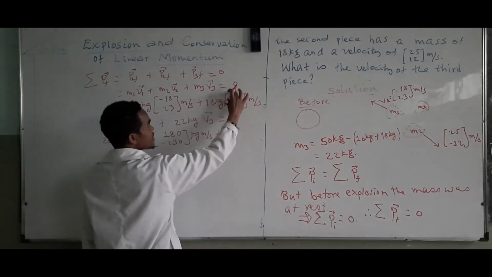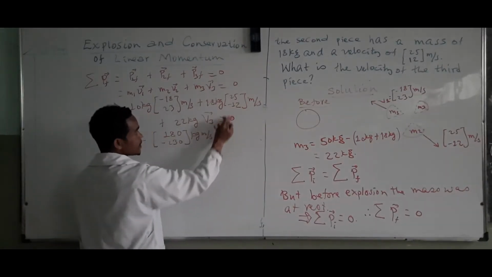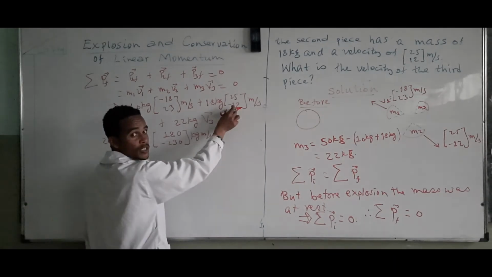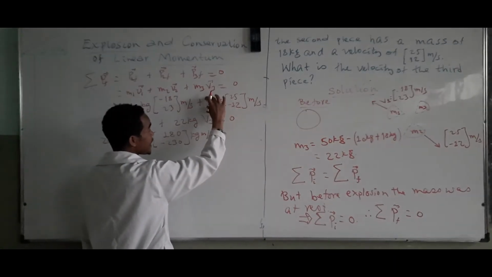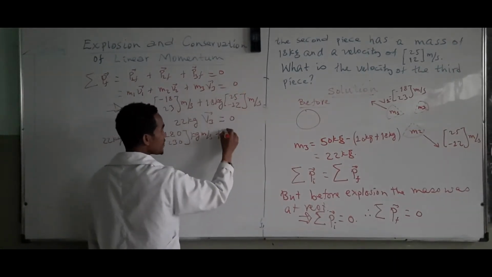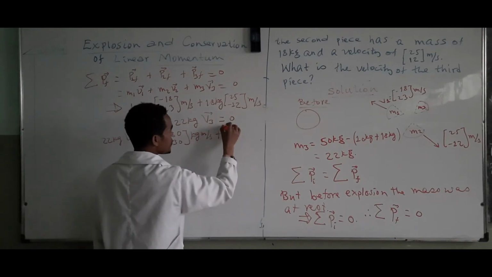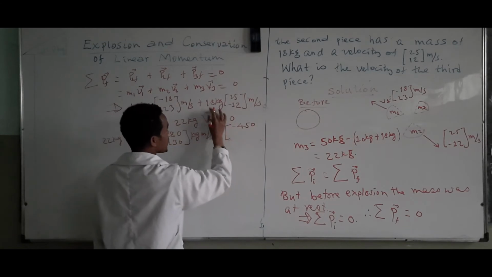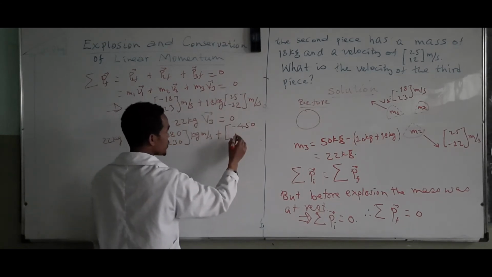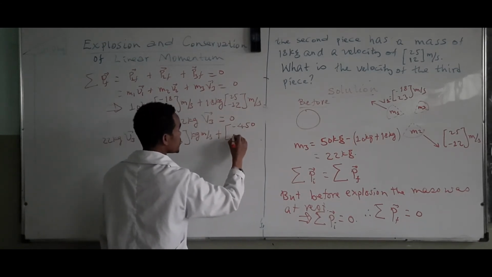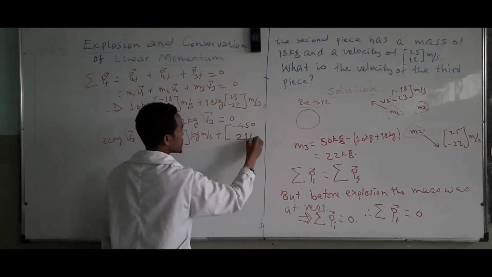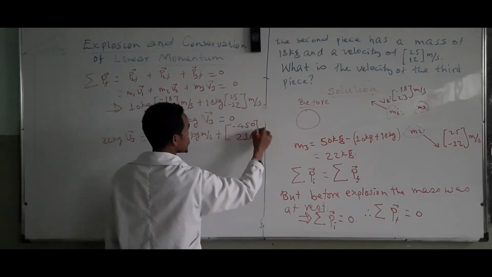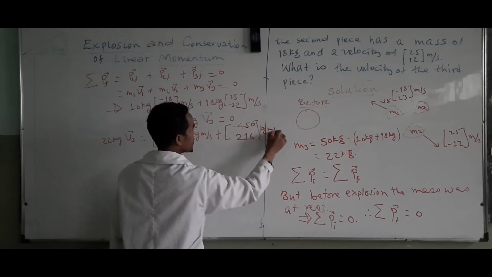Then when we transfer this 25 across the equal sign, it becomes negative, and we multiply 18 by negative 25, which becomes negative 450. And this one multiplied by this becomes 216. Our unit is kilogram meters per second.